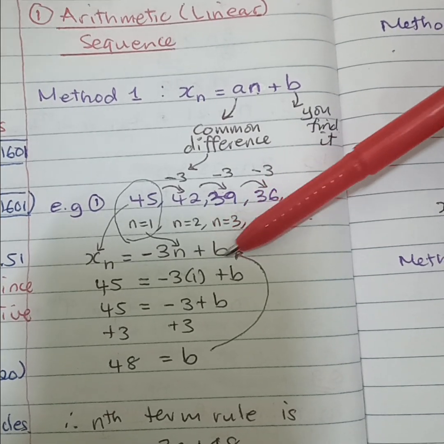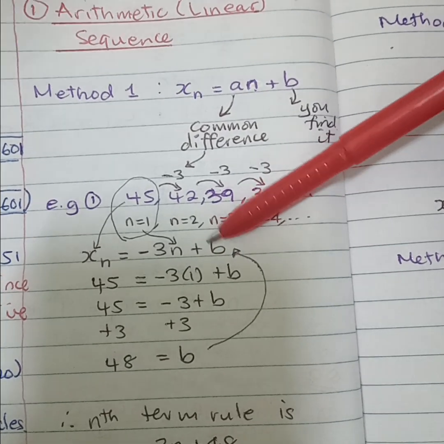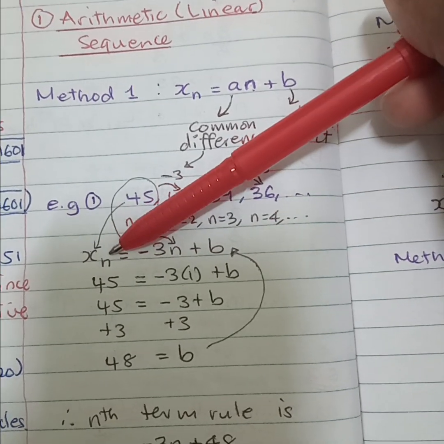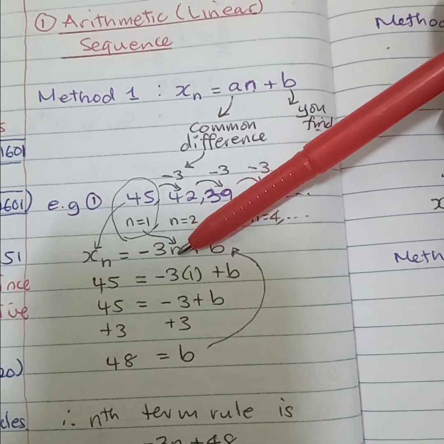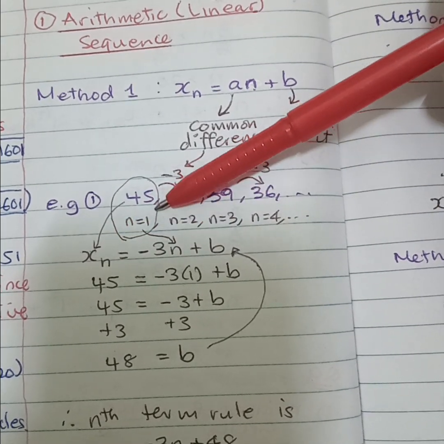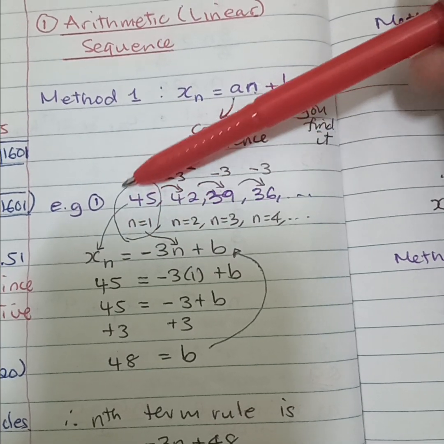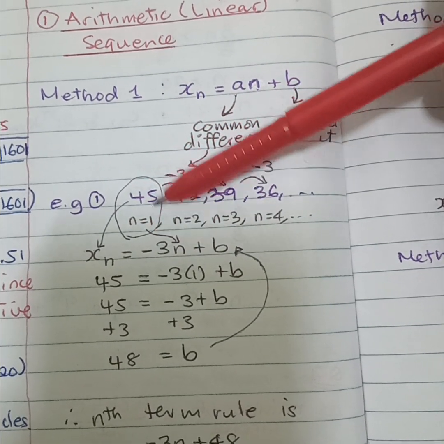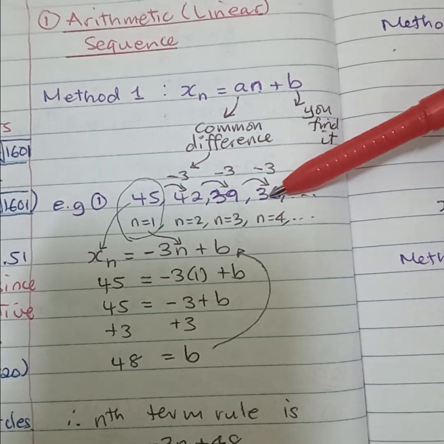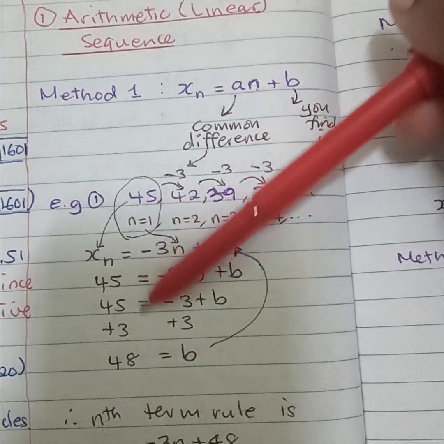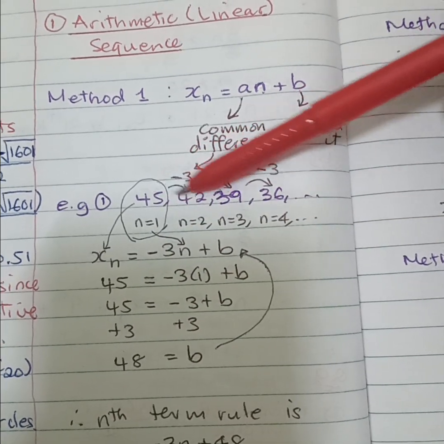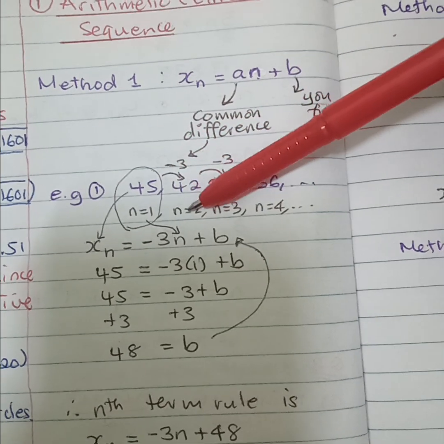Now b has to be found, and to do that we have to find a value for n and xn, where n is the position of a term and xn is the value of the term. Take note, it doesn't matter whether you pick the first term or the second term or the third term, everything will work out, because they are all coming from the same sequence.